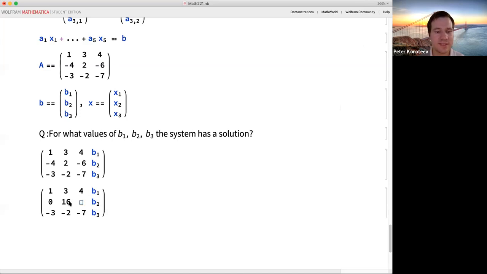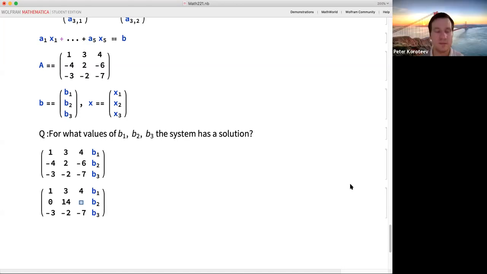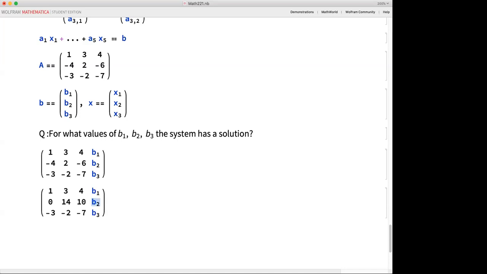So I don't think it's 16, it's 14, right? Because if you multiply it by 4, you get 12 plus 2, so that's 14. What's the next number? Okay, so 10. Sophie says 10, right? Okay. And what will be here? 4b1 plus b2.